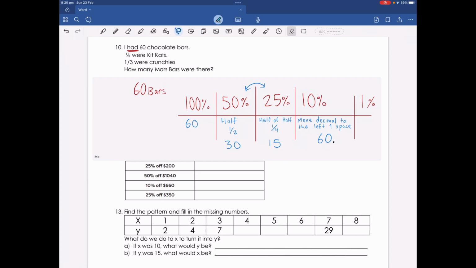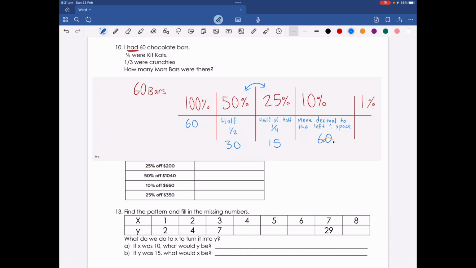But what we need to do is move it to here, and then we get 6. Easy peasy, right? If it was 58, you just move it to here, and it's 5.8. That's how you find 10%. If you didn't know that, definitely put that information in your Anki.